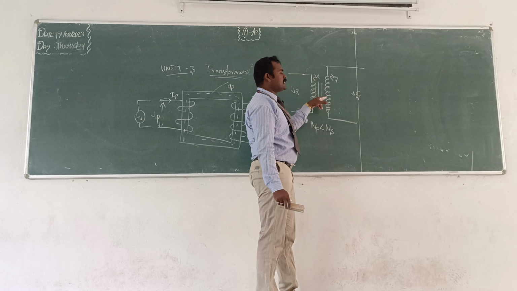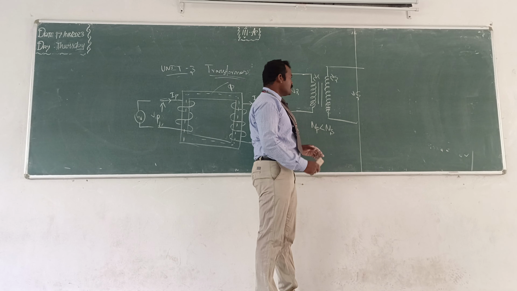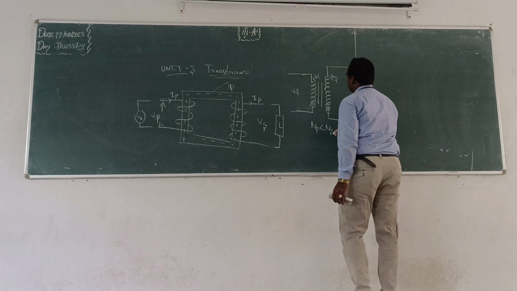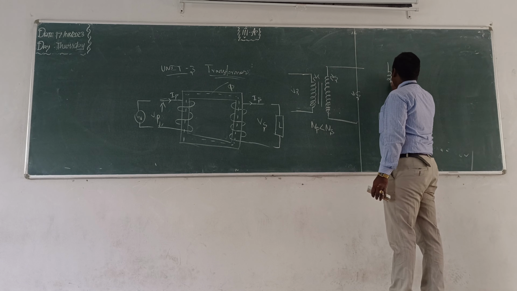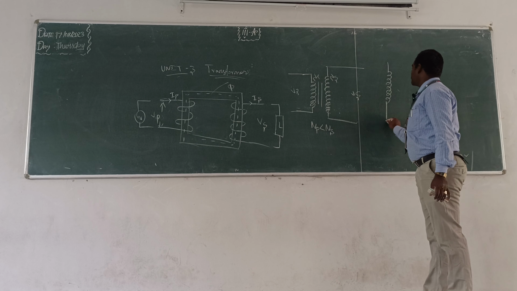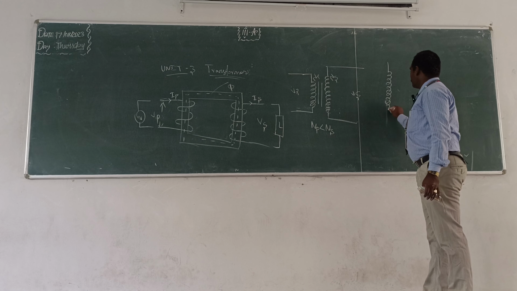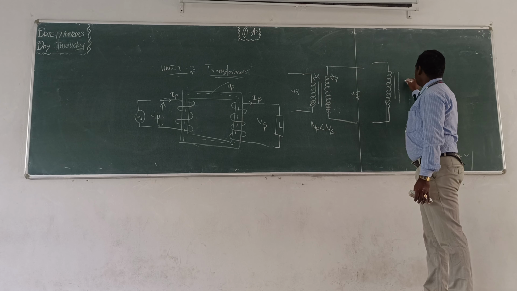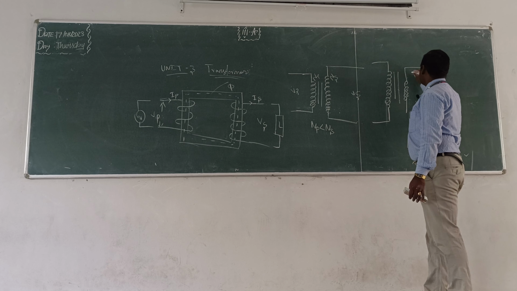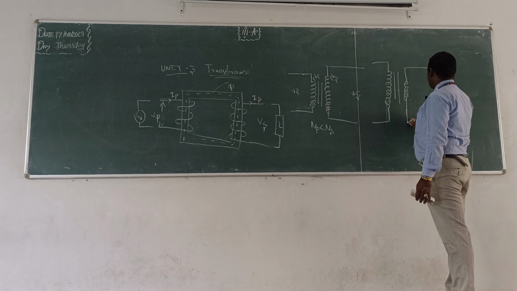So that is based on the turn ratio. Suppose there is a step up transformer. Similarly, if the number of turns in the primary winding is high compared with the secondary winding, that means the number of turns in the secondary winding is low, right?